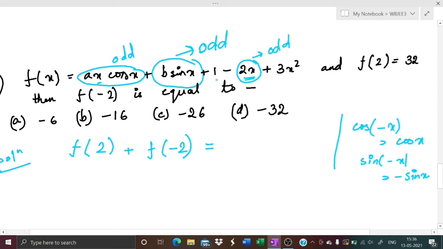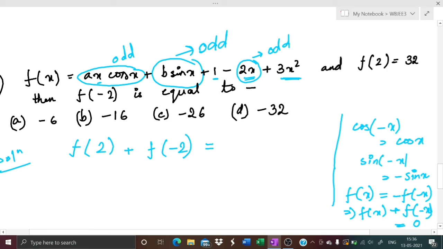So only the even functions are 1 and 3x squared. When you add this, because in case of an odd function, f of x equals minus f of minus x, if you add f of x plus f of minus x, it would be equal to 0.